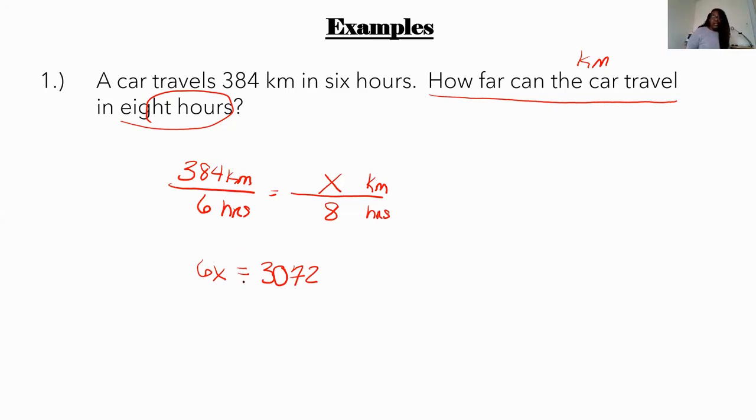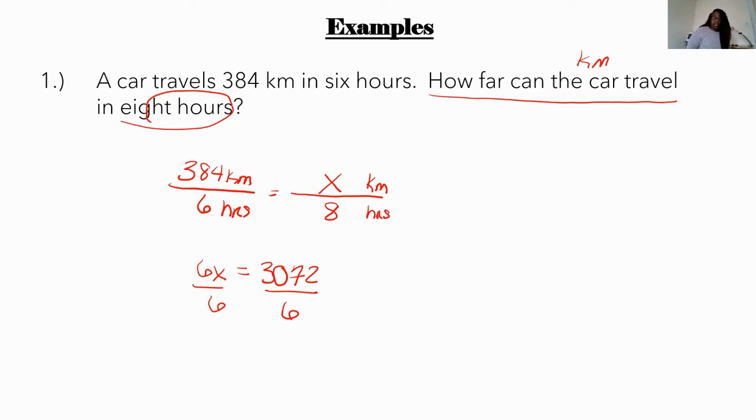Now from here, like I said before, if there's not a plus or minus sign in between the number and the variable, that means you're multiplying. And the inverse of multiplication is division. So I'm going to divide 3,072 and 6x both by 6.